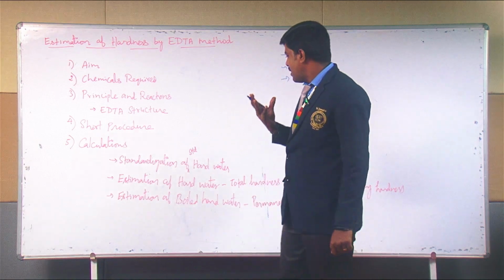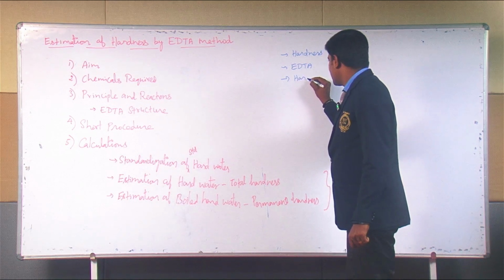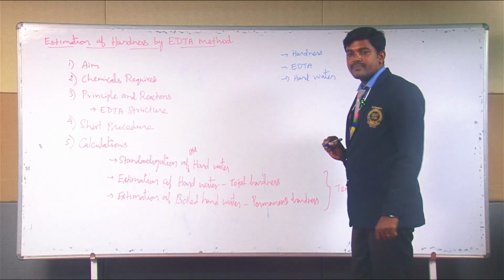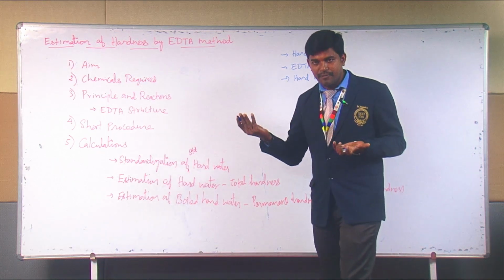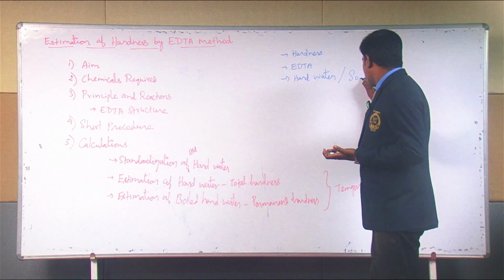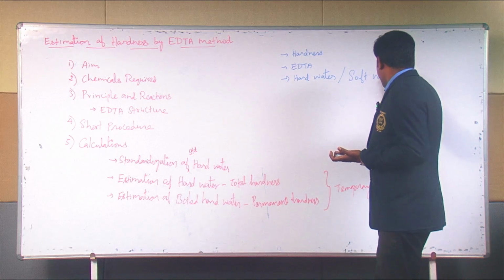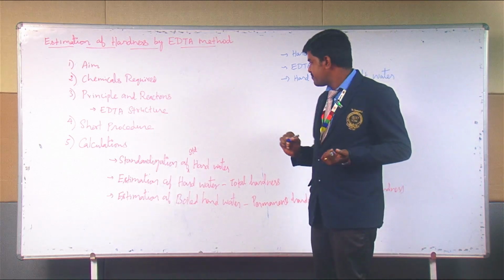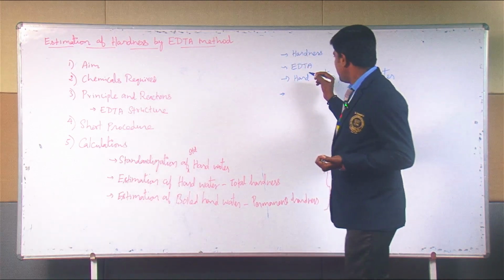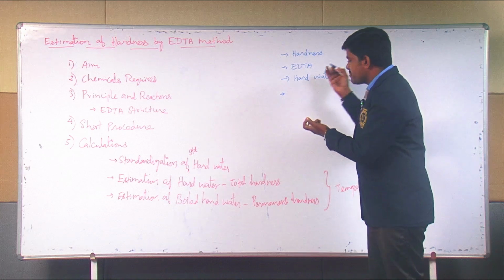And in this experiment, we are going to estimate hard water. So what is meant by hard water? What is the vice versa for hard water? That we will also discuss. It is soft water. The vice versa of hard water is soft water. And if the soft water contains some hardness causing constituents, it becomes hard water.